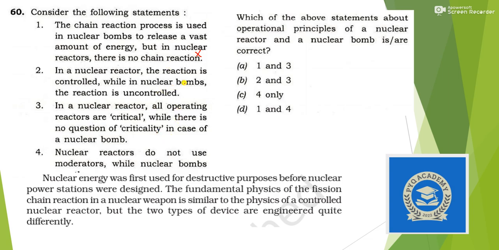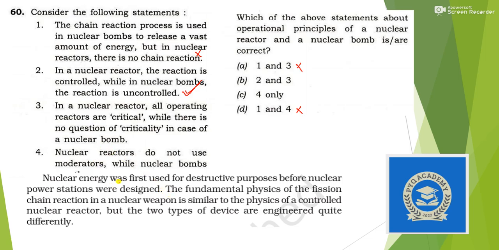So by eliminating option 1 we can eliminate these two options. Now in a nuclear reactor the reaction is controlled, while in a nuclear bomb the reaction is not controlled. This is definitely true. That's why in nuclear reactors the reaction is controlled and the desired energy is utilized, but a nuclear bomb has an uncontrolled reaction and it continues for a very long period of time.